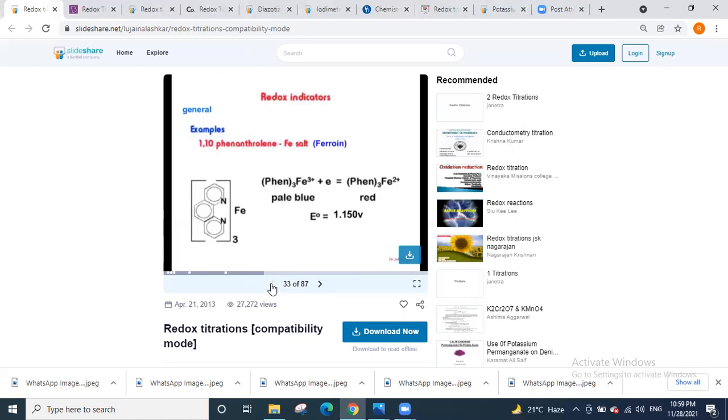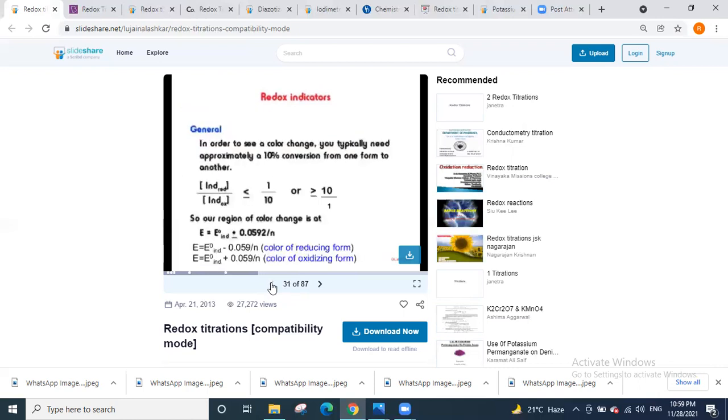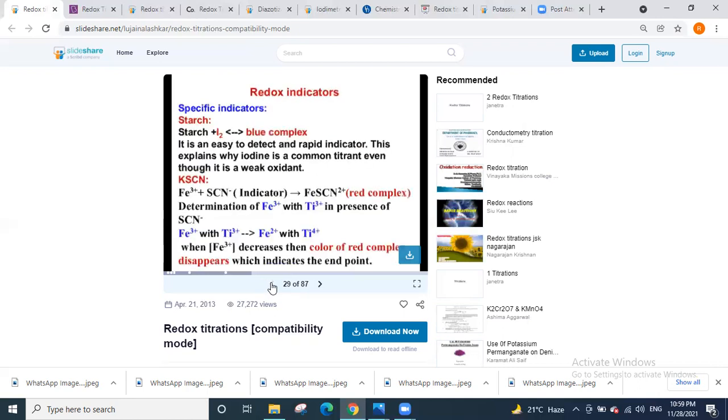Now, starch is also used as an internal indicator. But starch is not a redox indicator, because we discussed that the definition of a redox indicator is having different colors in oxidized or reduced form. Starch will not oxidize and reduce, but it combines very well with iodine and shows a significant color change when combined with iodine.